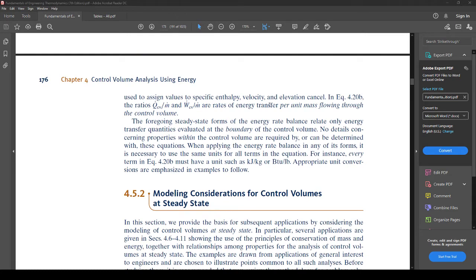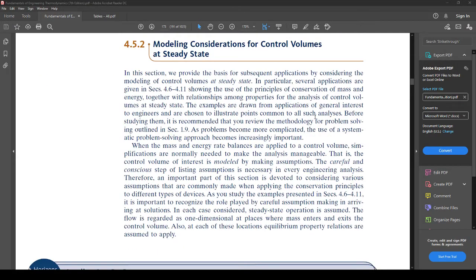Let's see if there's anything else we need to talk about here. No. Alright. So it says modeling considerations for control volumes at steady state. In this section, we provide the basis for subsequent applications by considering the models of control volumes at steady state. In particular, several applications are given in sections 4.6 and 4.11.